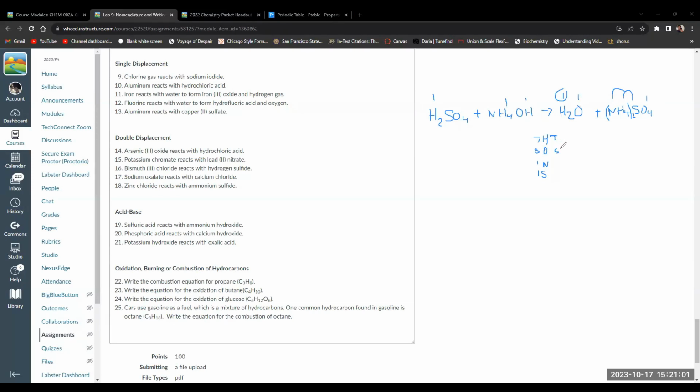So a total of 5. Nitrogens, this 2 is being distributed to the nitrogen and ammonium. So we have 2 here and a single sulfur. It looks like a lot, but maybe it's not. We'll see.